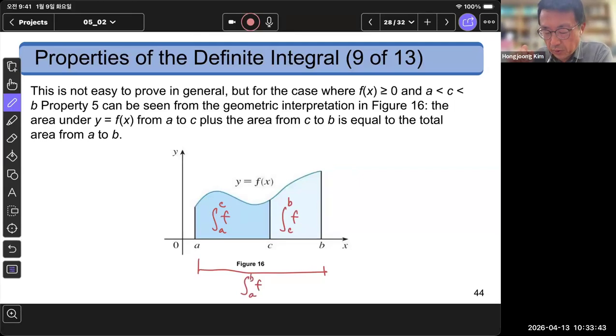When I derive this using the figure, we have this.